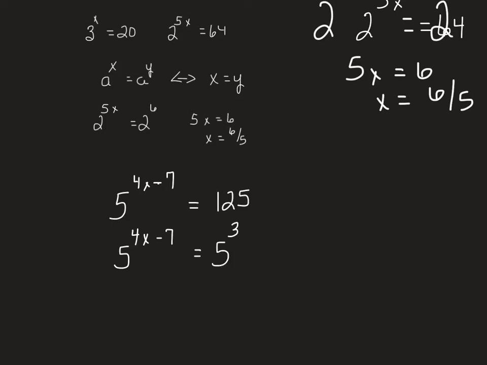So we can solve this equation by setting 4x minus 7 equal to 3. Add 7 to both sides, and divide by 4. And we always reduce the fraction to simplest terms. So in this case, x equals 5/2.